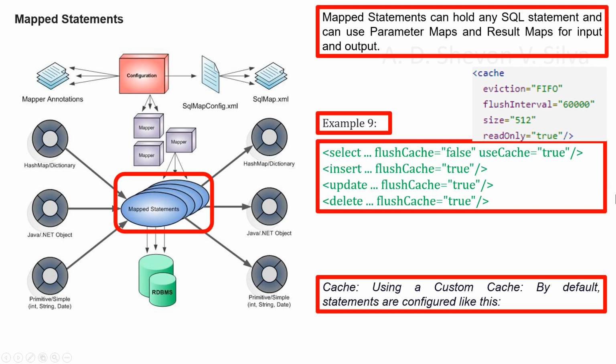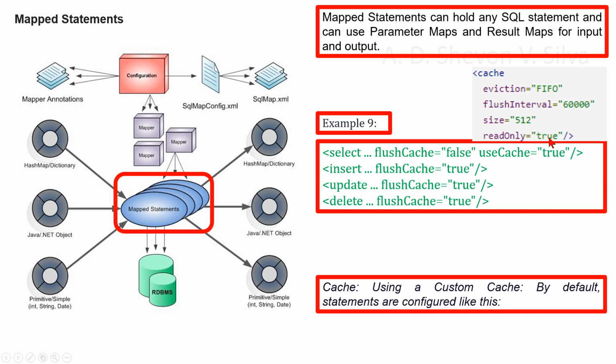All these properties are modifiable through attributes of the cache element. For example, here a more advanced configuration creates a FIFO cache that flushes once every 60 seconds, stores up to 512 references to result objects or lists, and objects returned are considered read-only.